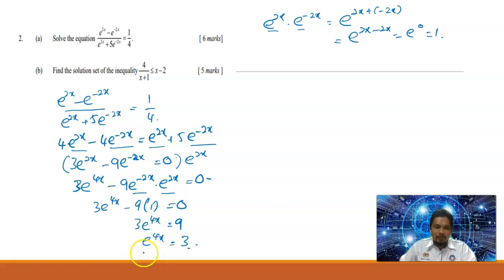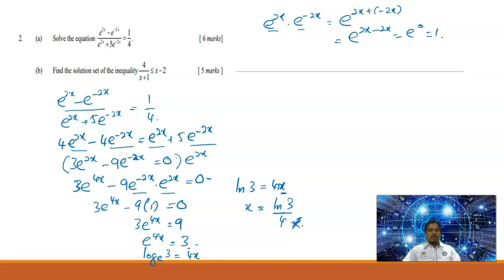So change to log form: log to the base of e of 3 equals 4x, or natural log of 3 equals 4x, then x equals natural log of 3 divided by 4.